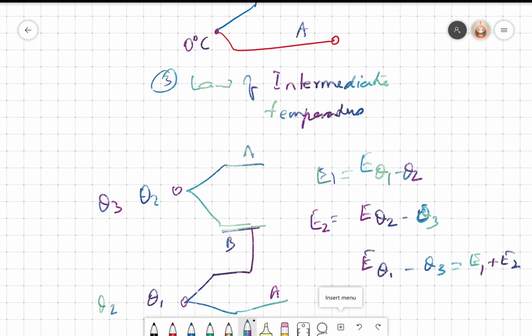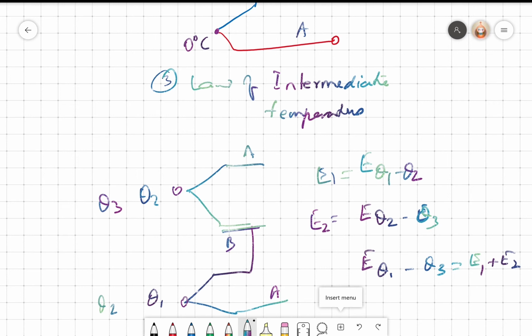This stems from the linearity concept. So if I know the thermocouple output voltage for T1, T2 and T3, I can get T1 to T2, T2 to T3 and T3 to T1. So these are the three laws of thermocouples.